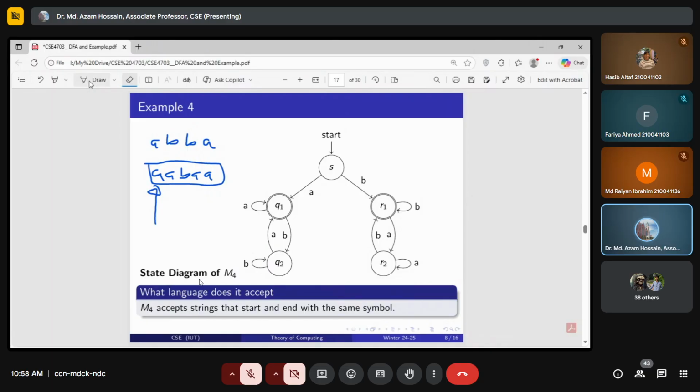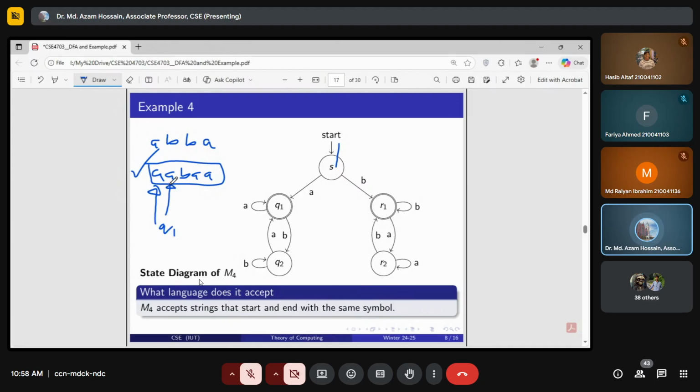If I ask whether this string can be accepted by this machine or not, how do you do the computation? You come to the starting state and read the first input A of the string, and you move to Q1. You are now in Q1, and you move to your next scan.